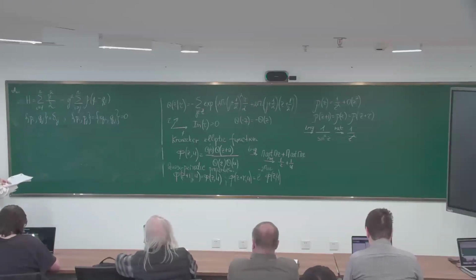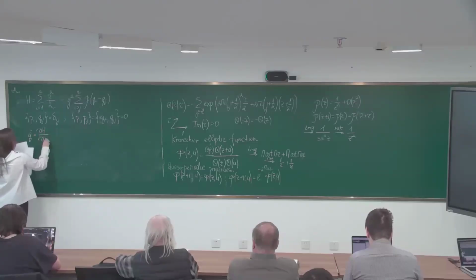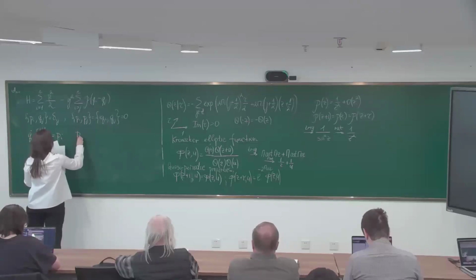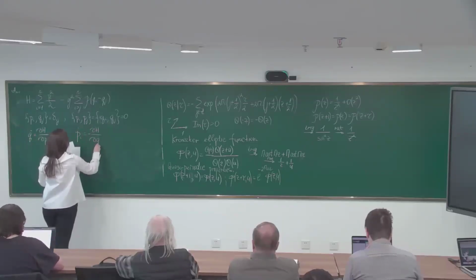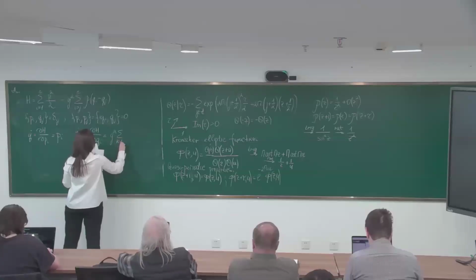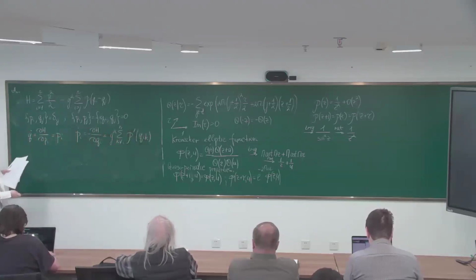And the equations of motion. So we have equations of motion in Hamiltonian form. This is the equations of motion.